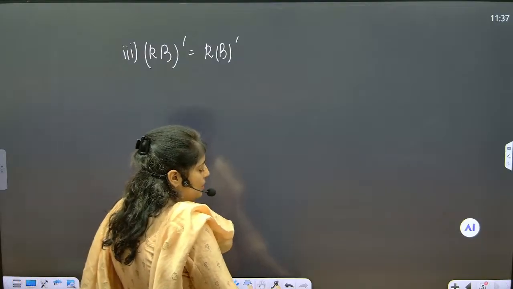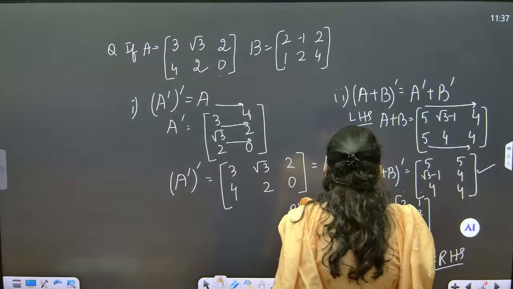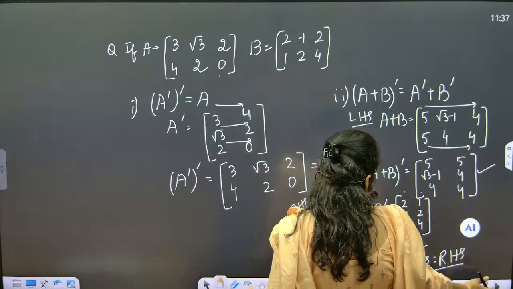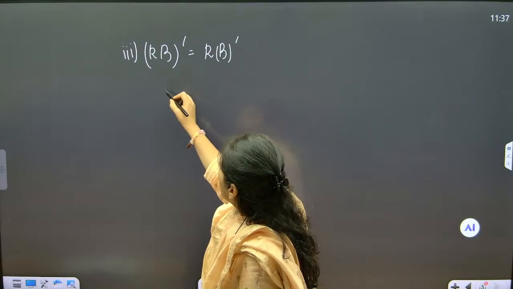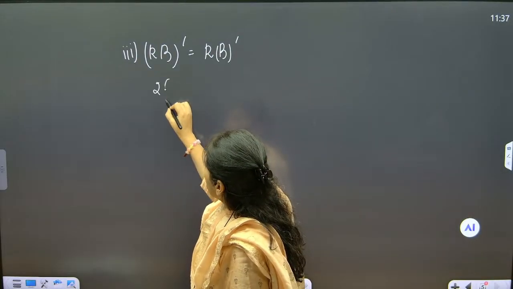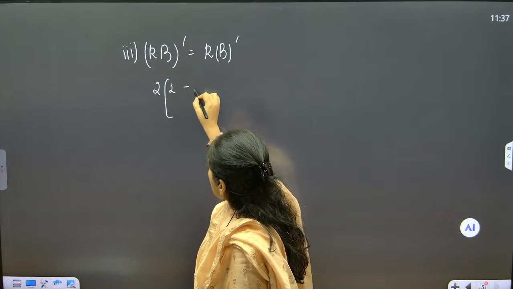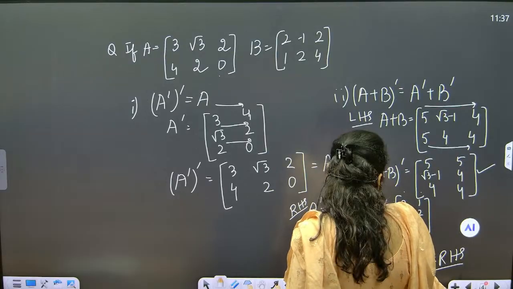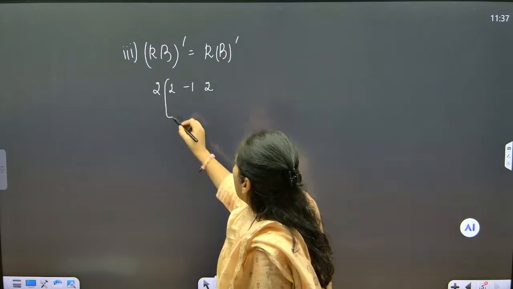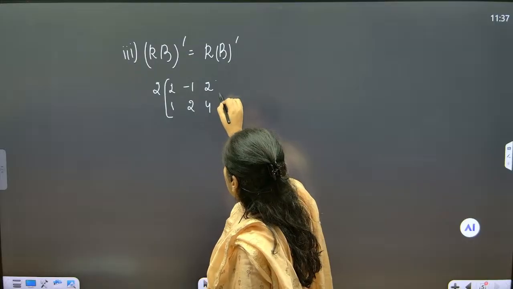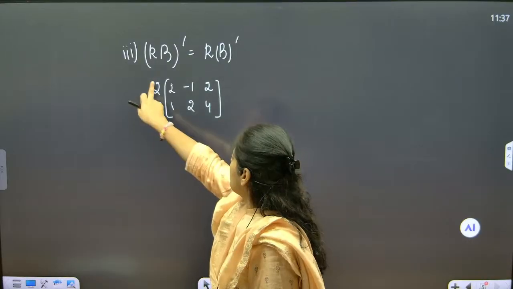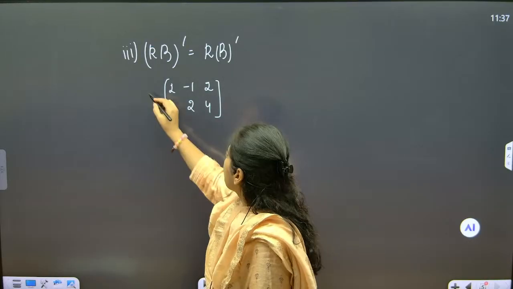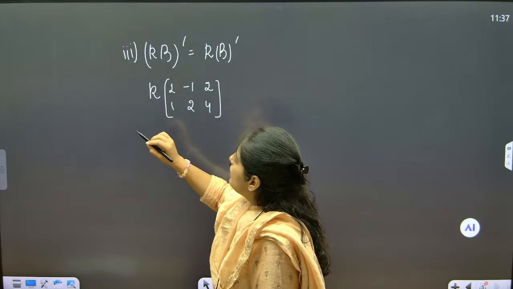So we'll see the B. B is 2, minus 1, 2, 1, 2, 4. I have to write K here, not 2. Okay.